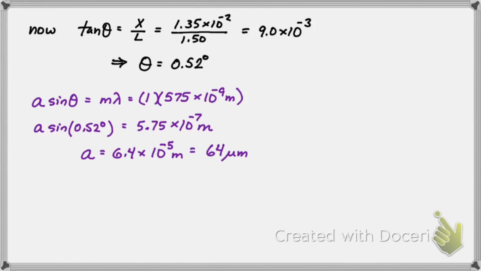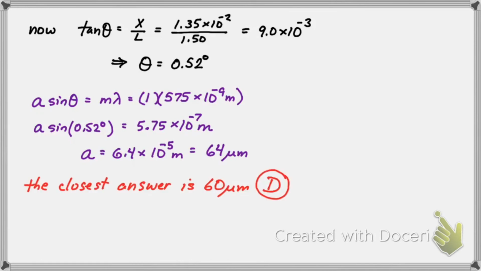Now 64 is not one of the answer choices, but it is closest to 60 micrometers. There's a 40, there's a 60, there's an 80. The closest one to the number I calculated is the 60, and that is the right answer.